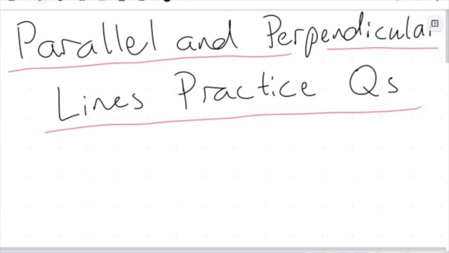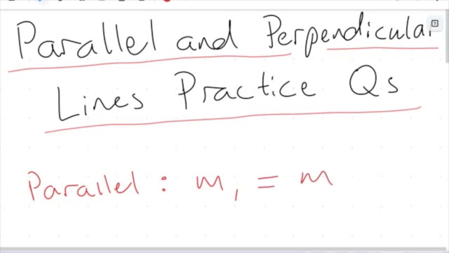Now, we defined two things about parallel and perpendicular lines when we talked about this in the Year 9 course. So for parallel lines, our gradients were equal. So the gradient of one is equal to the gradient of the other. This way they can move in the same way and never touch because their slope is identical.